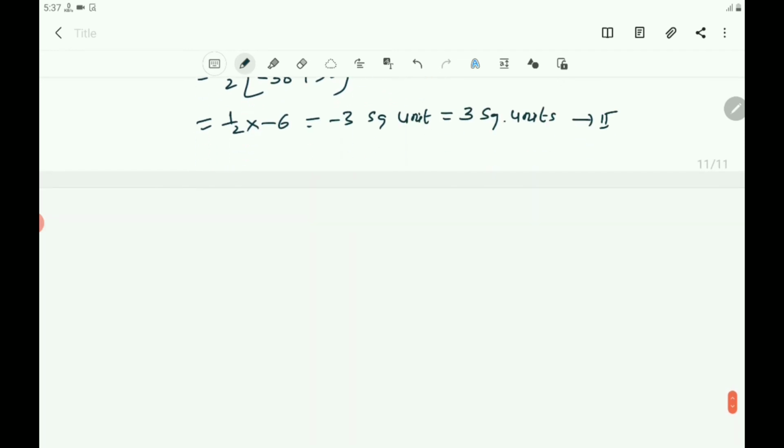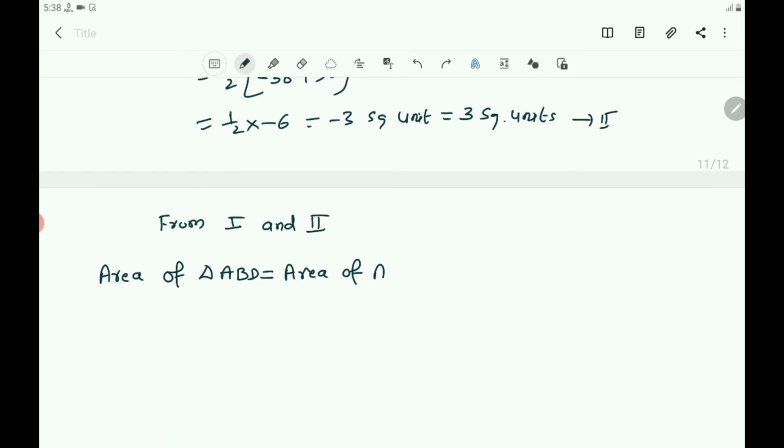From the first and second, you can write: area of triangle ABD equals area of triangle ACD.